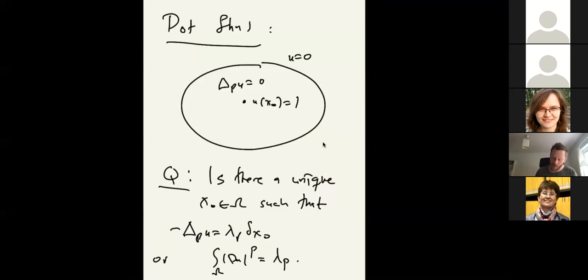This is the question that we ask ourselves. If you move around this point x0, is there only one choice that gives you this?